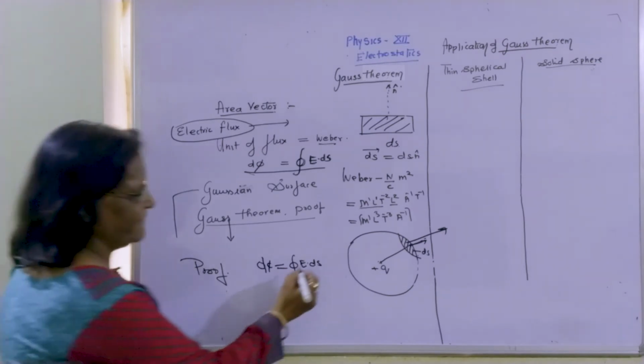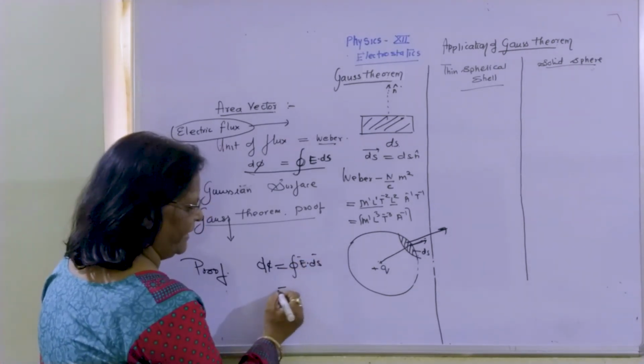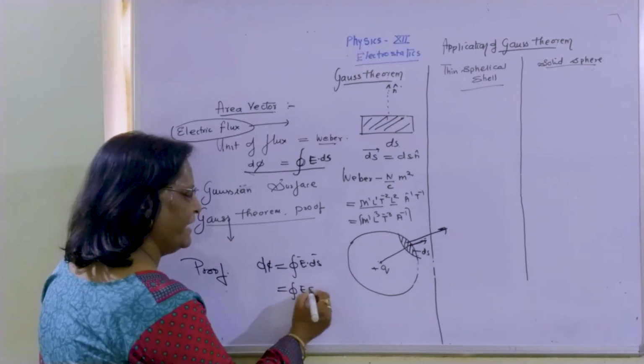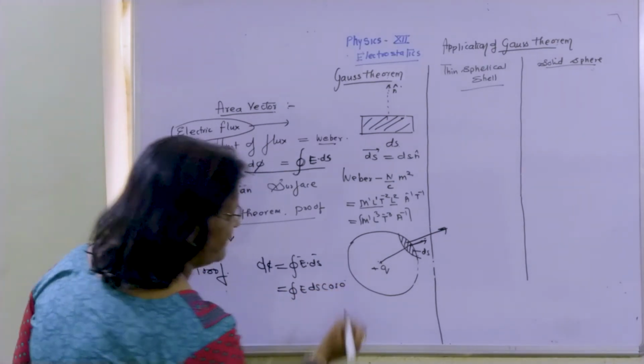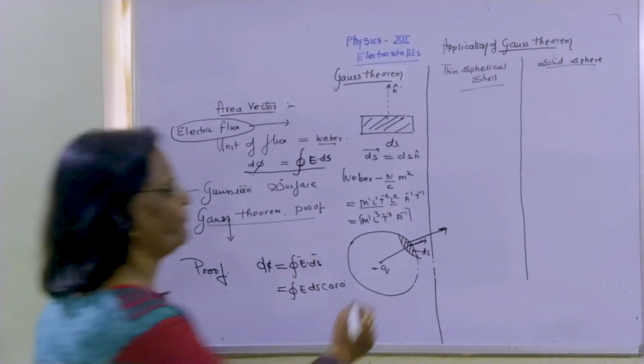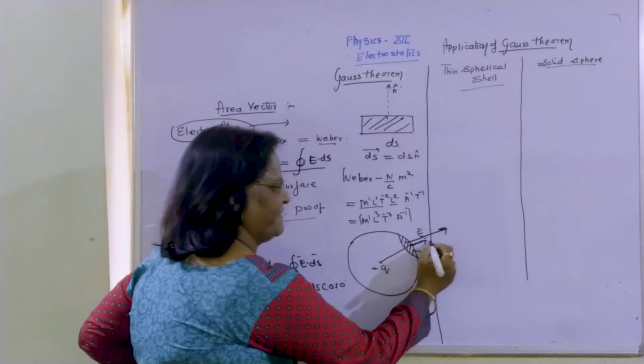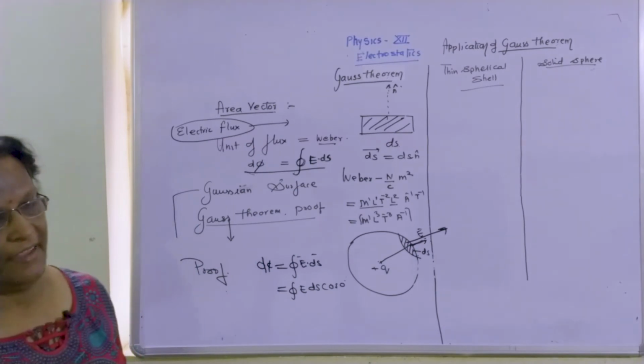Now this is E dot ds, and it will become phi E ds cos of 0 degree. Why we are taking here 0 degree? Because electric field and ds, they are aligned in the same direction.